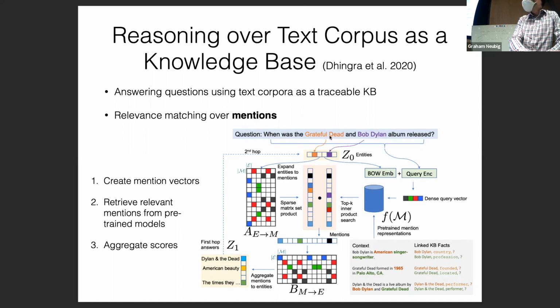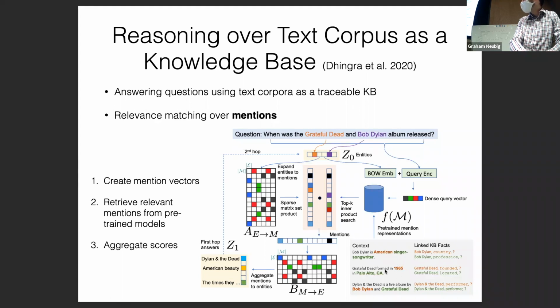This can look up entities in a knowledge base, expand the location of all of the Grateful Dead entities and the Bob Dylan entities, find the locations in a big text corpus, look up all of the mentions, aggregate the mentions to entities, and then go back and do a second hop where we start with these entities and further look up mentions to find things like the answer to the question.